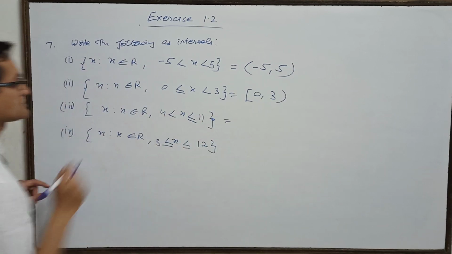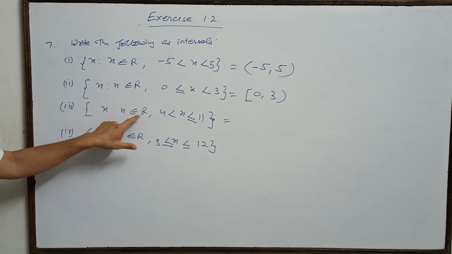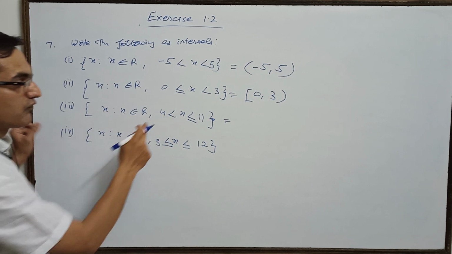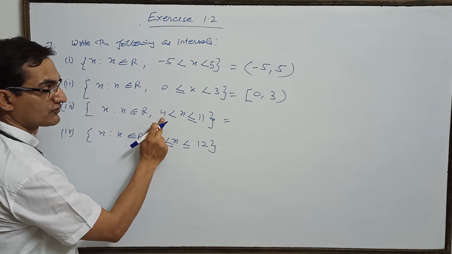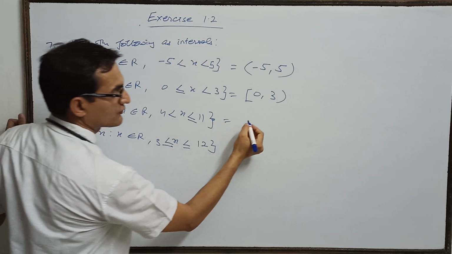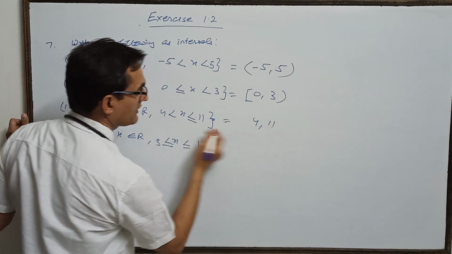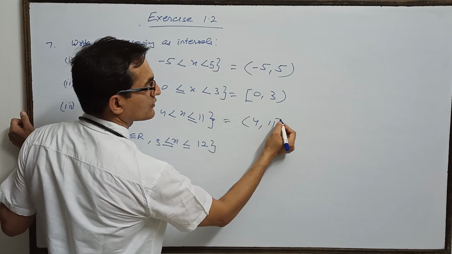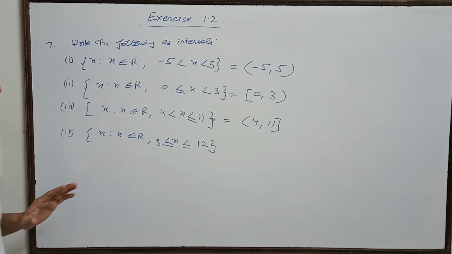Now let's come to the next one. Third one, x such that x belongs to real numbers and x is greater than 4. Greater than 4 means 4 is not included, but less than or equal to 11, so 11 is included. So the interval is 4 comma 11, open towards this side and 11 is included, so this is closed towards this. Okay.